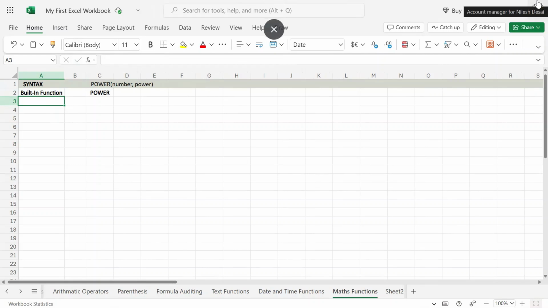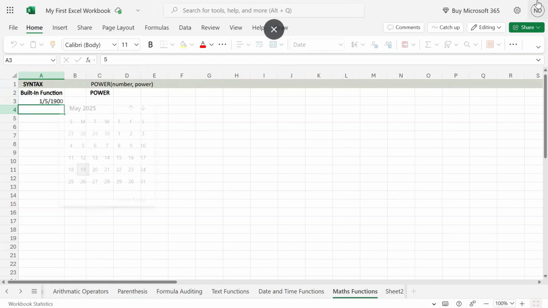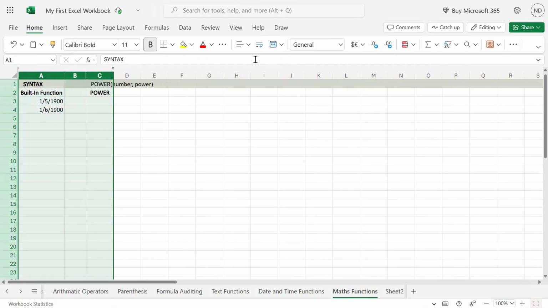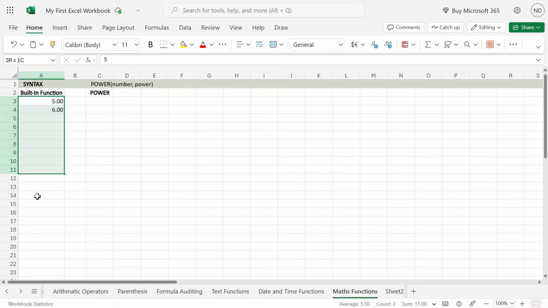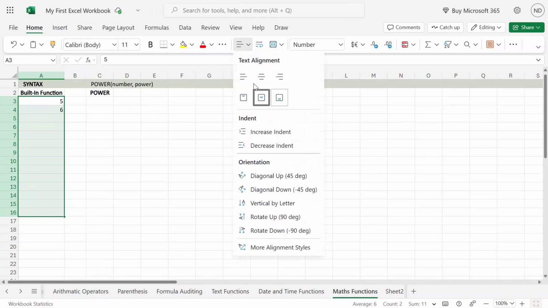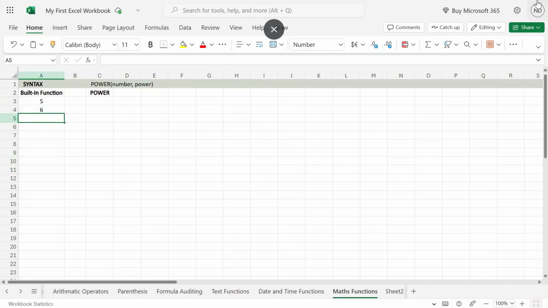Suppose I have a few numbers like 5, 6, 4, 5.5, 0, 2, 8, and 5. Let me make it a number format first, remove the decimals to make it simple, and center align it. Let me make it a bit decimal as well.